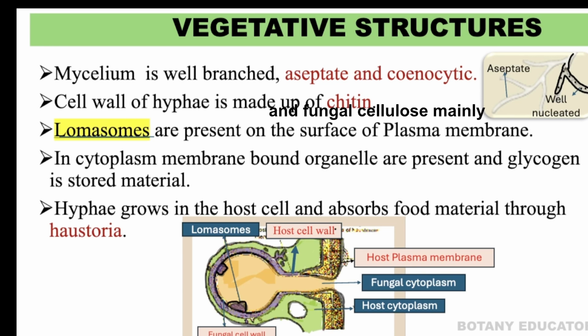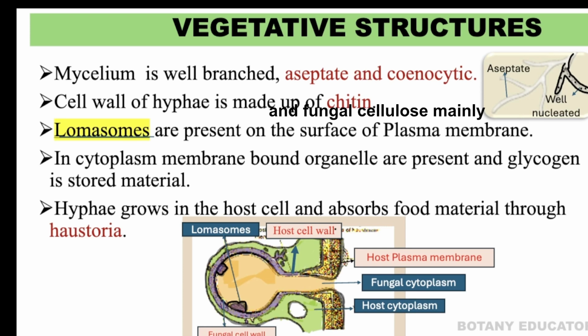Then the cell wall is made up of chitin. On the outermost surface of the fungus you'll find the cell wall, made up of chitin, and below that the plasma membrane is present.